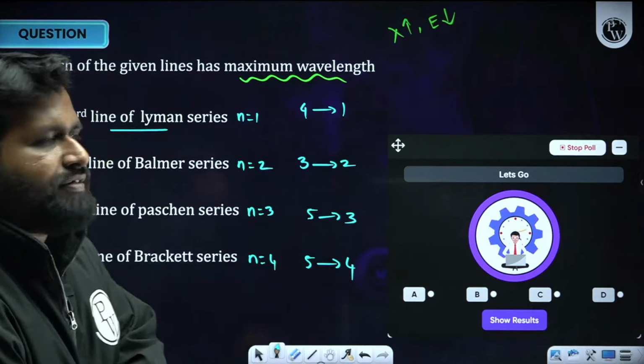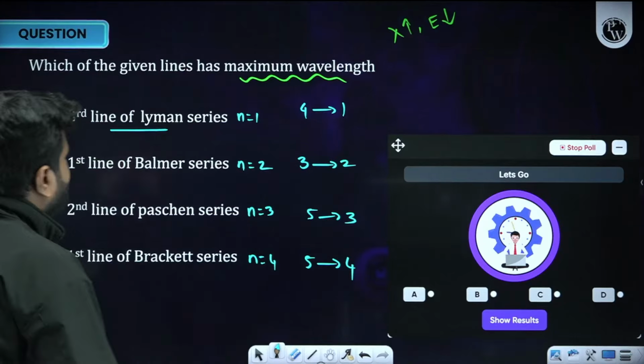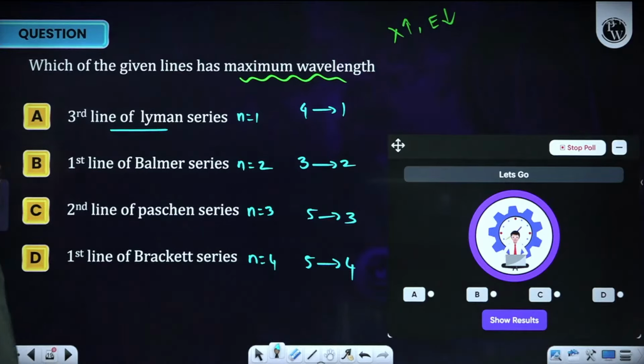It's clear. Fine. Now tell me, which one will have the shortest, which one are they asking? Maximum wavelength.